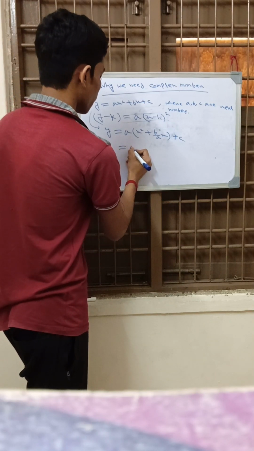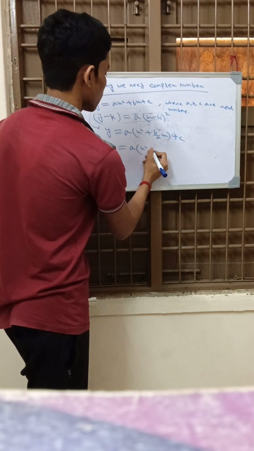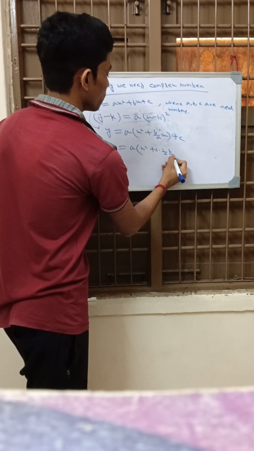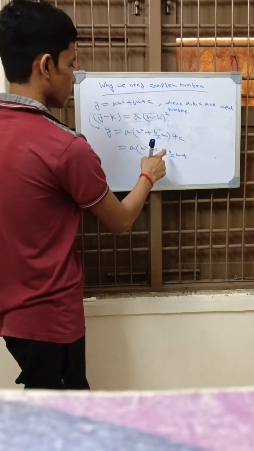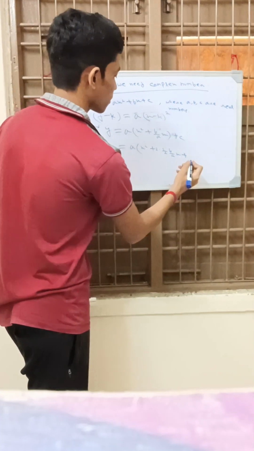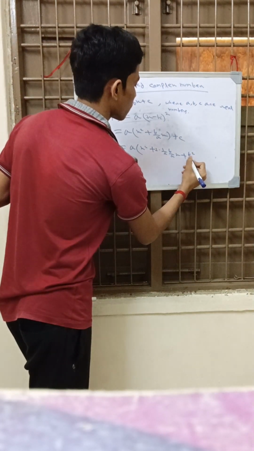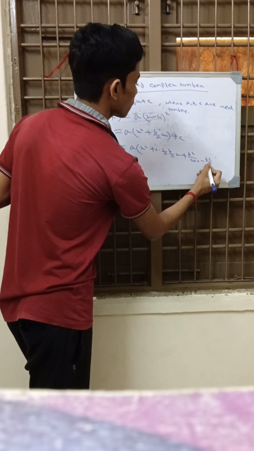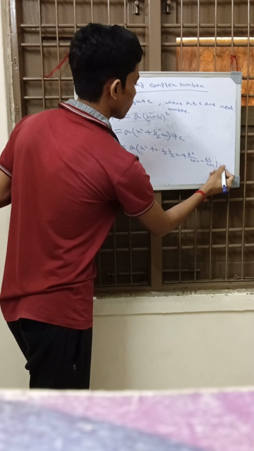Now a into x square plus 2 into 1 by 2 b by a x, add b square by 4a square and subtract b square by 4a square, plus c.